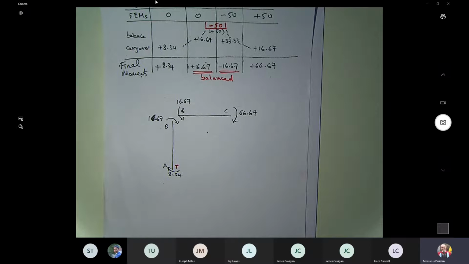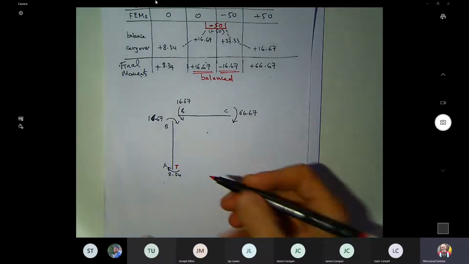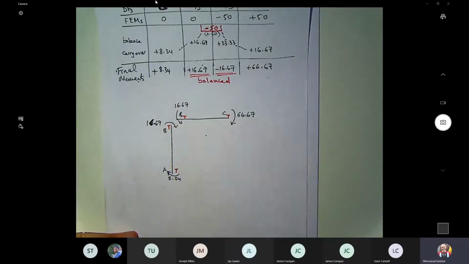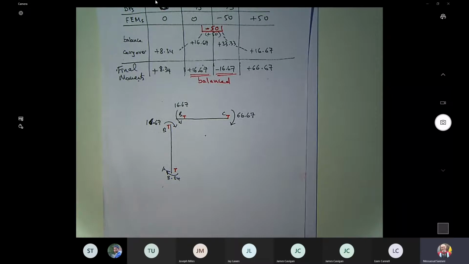At the top, the tension is on this side here. And these are the sides where the tension occurs. This way you plot it correctly.